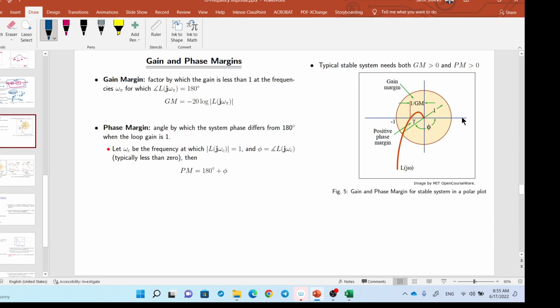So you can see here you have the real axis and the imaginary axis of the frequency response function GC of j omega times G of j omega, from the open loop. If this term equals -1, then it's neutral stability.